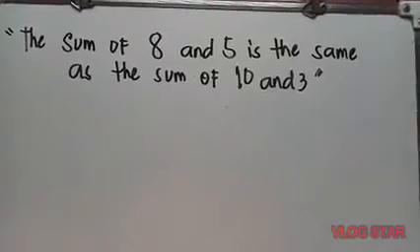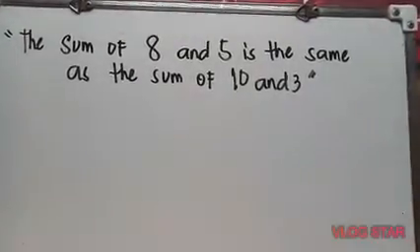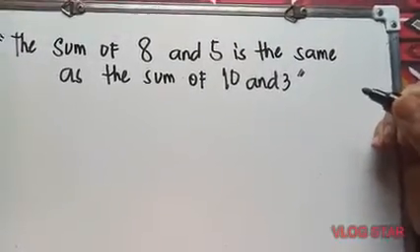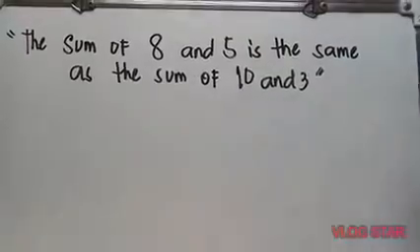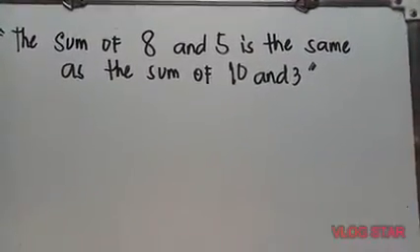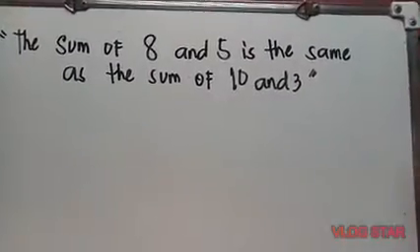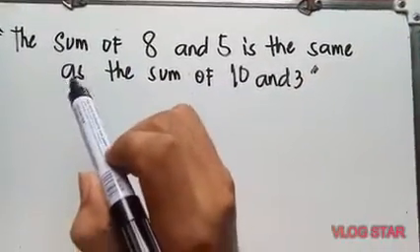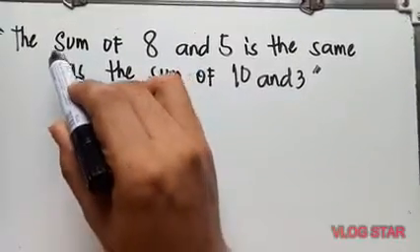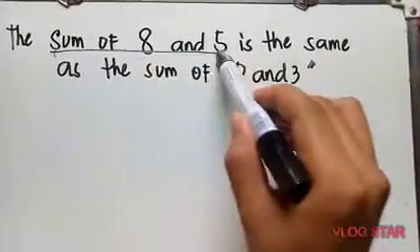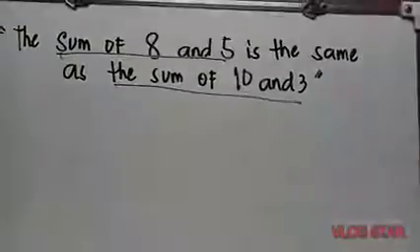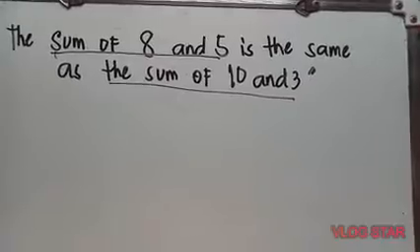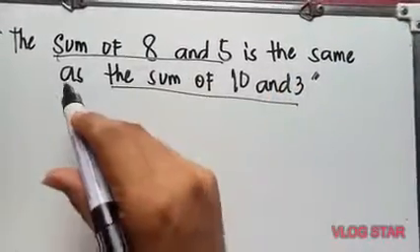The sum of 8 and 5 is the same as the sum of 10 and 3. If we write it in number form, we have two algebraic expressions here, the sum of 8 and 5 and the sum of 10 and 3, and there is an equality phrase, which is the same as.